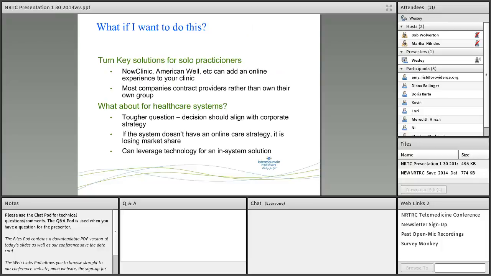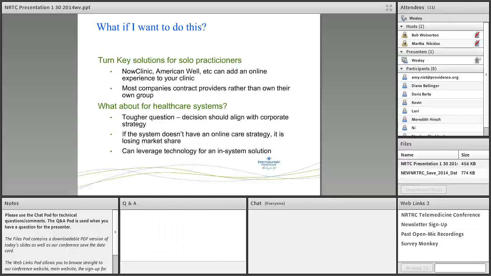If you all want to do this, there are lots of options out today. You can certainly go for turnkey solutions. United Healthcare and Optum have the Now Clinic. American Well, MD Live, Teladoc, Ameridoc, and every two weeks I'm seeing some other one come out and advertise that they're doing this too.